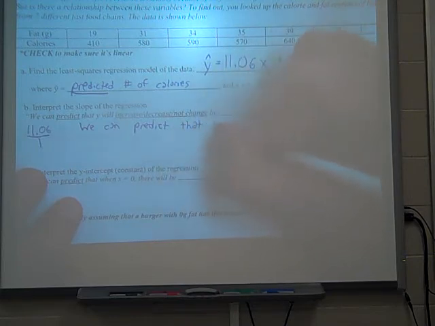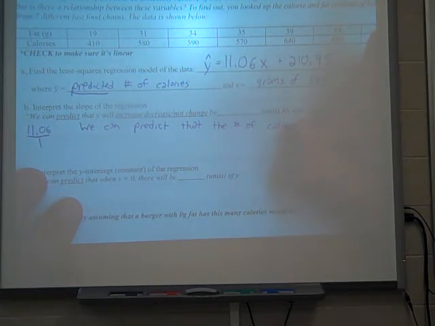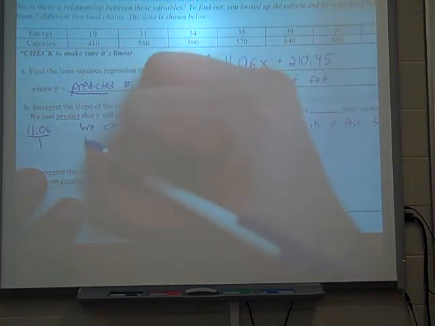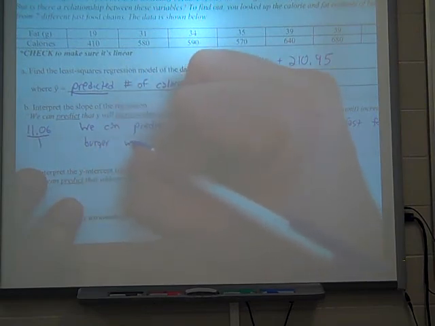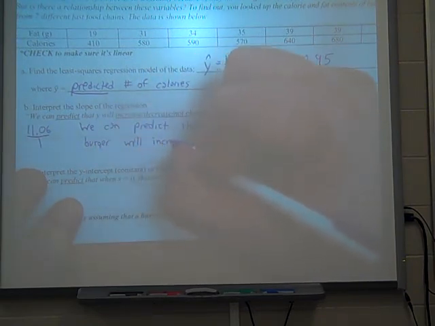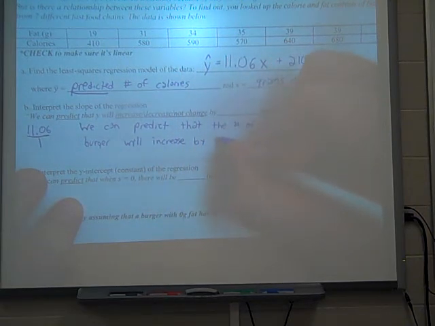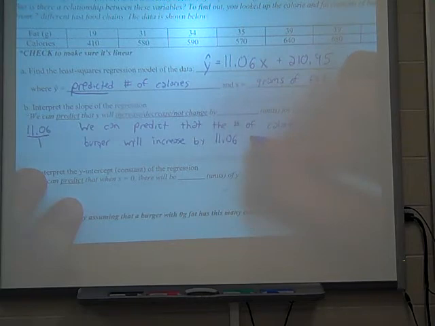that the number of calories in a fast food burger will increase, because our slope's positive, for each increase of 1 gram of fat.